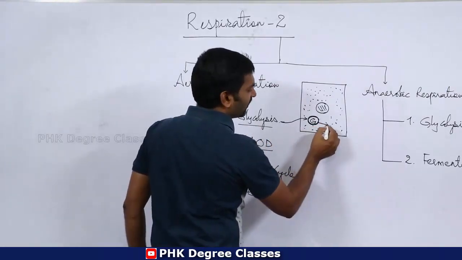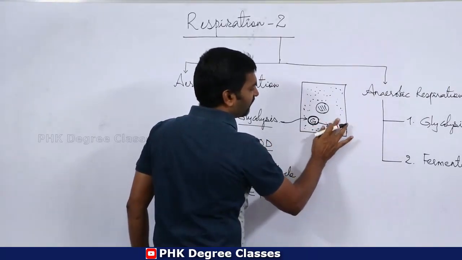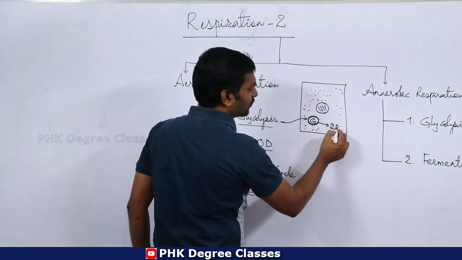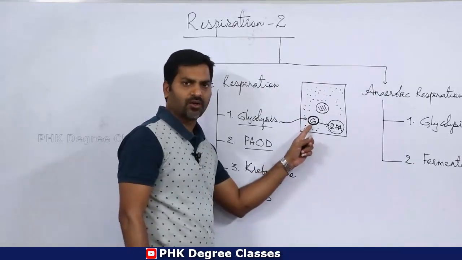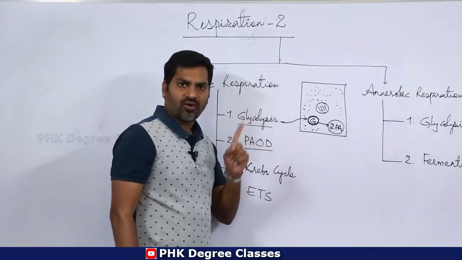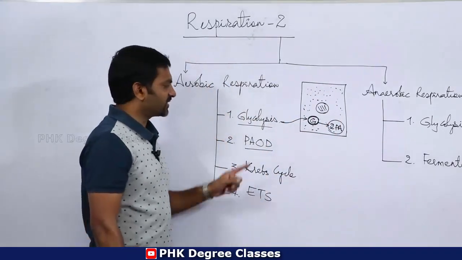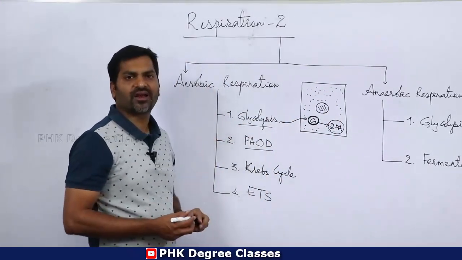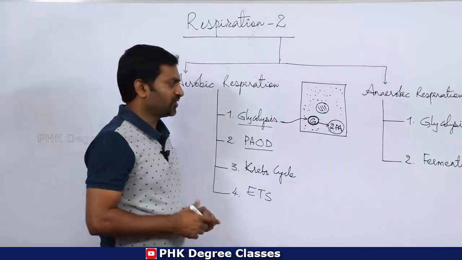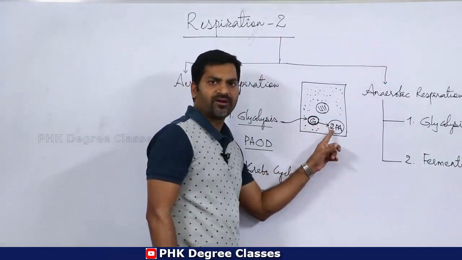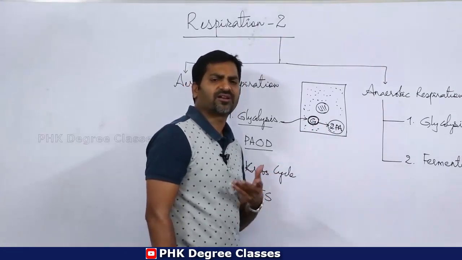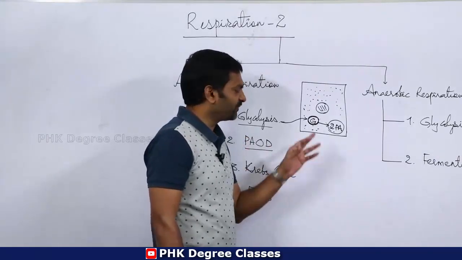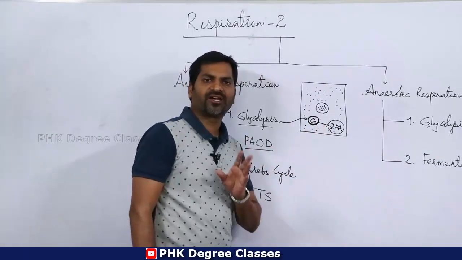Finally, 2 molecules of pyruvic acid are formed due to the splitting of the glucose molecule in the cytoplasm. This is generally called glycolysis or the glycolytic pathway. Generally there are 10 steps between glucose and the formation of pyruvic acid.